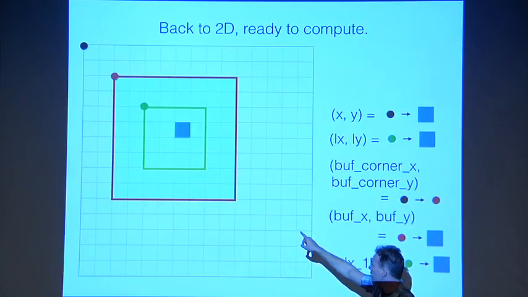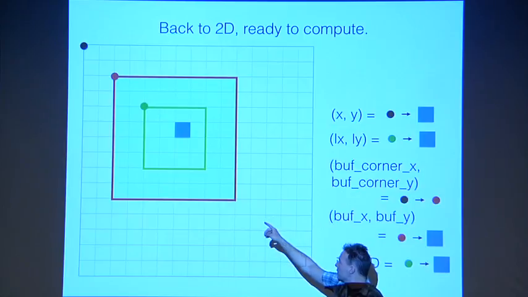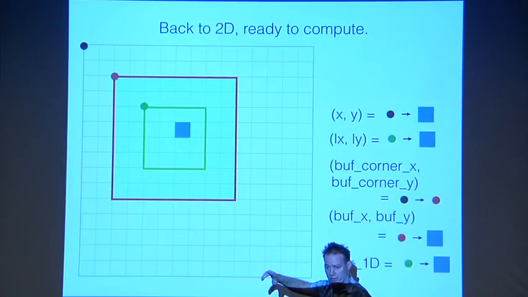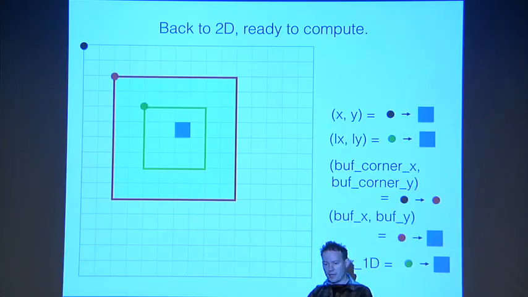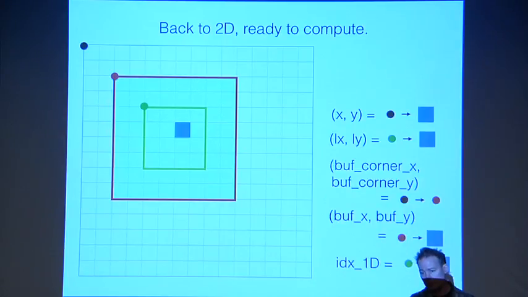But at this point, we have a thread for every pixel in the green square. The local memory has the halo, and so each of those can now operate in parallel, reading data from the red buffer without worrying about boundary conditions, and they're basically helping each other. If we did it using just global memory reads, right?